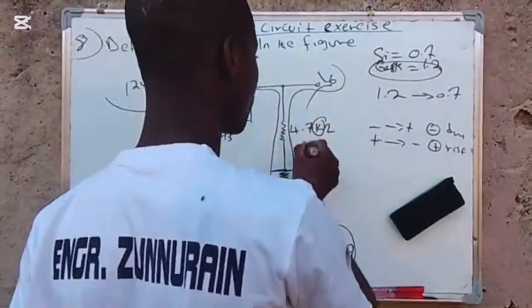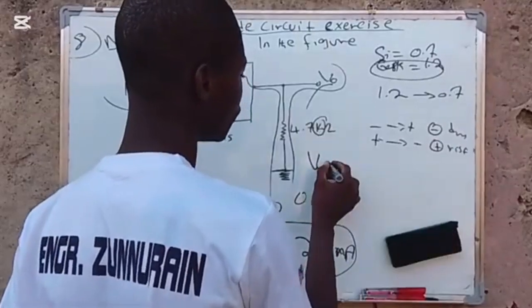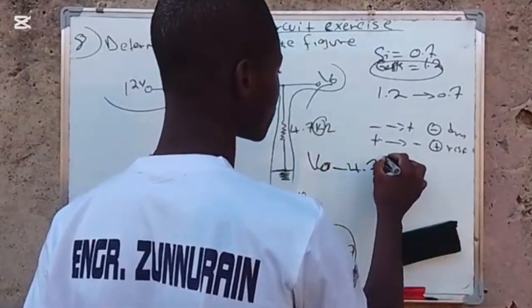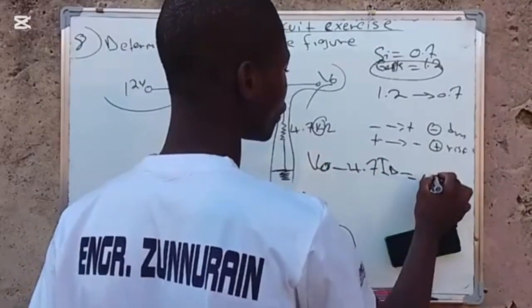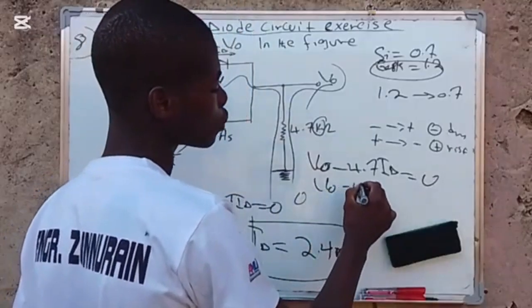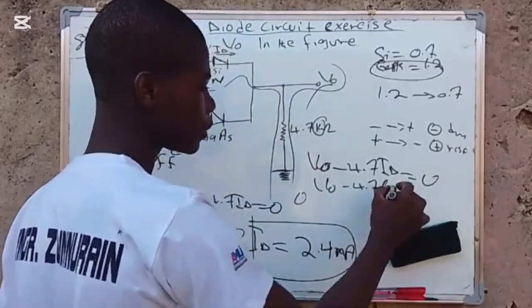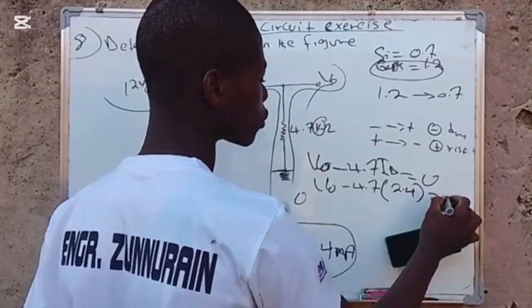So how can I determine this voltage? V out minus 4.7 ID should now be equal to 0. So V naught minus 4.7 multiplied by 2.4 equals 0.